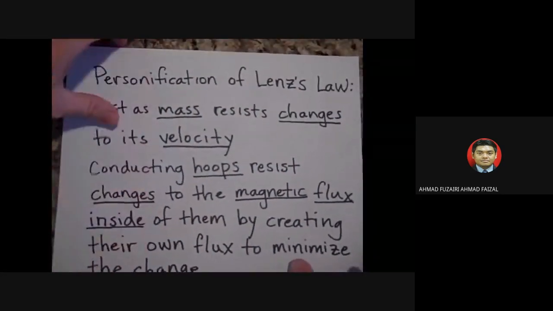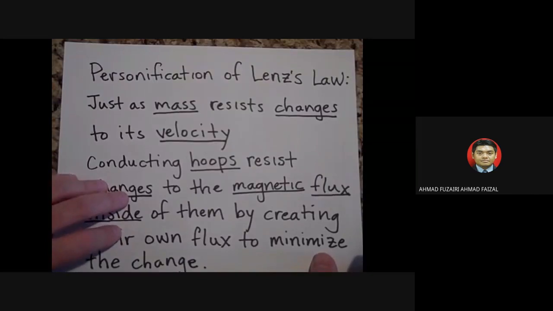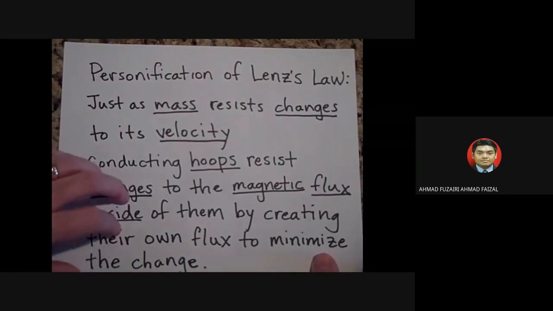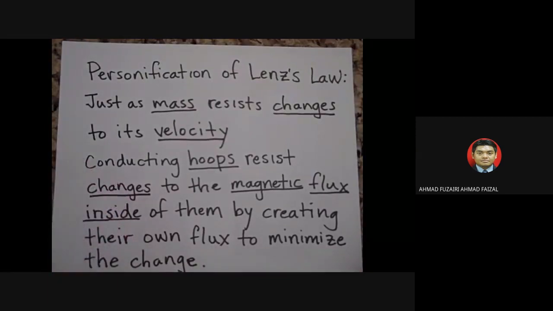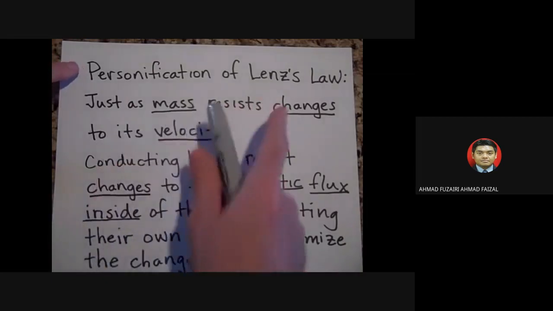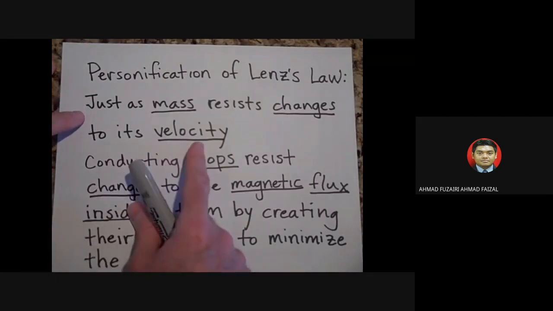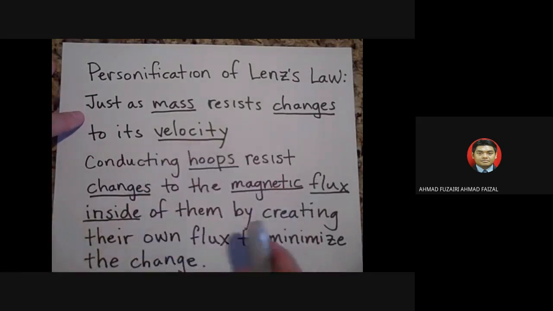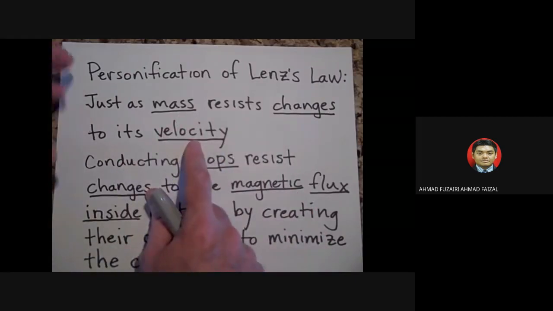Here's another way of looking at it. This is kind of a personification. You know how we personify electrons wanting to get away from other electrons when really they don't really want to get away from them. We don't think, at least. But in any case, the personification of Lenz's law goes like this. Just as mass resists changes in its velocity, that's sometimes called inertia, that the fact that mass resists changes in velocity, it doesn't mind velocity.